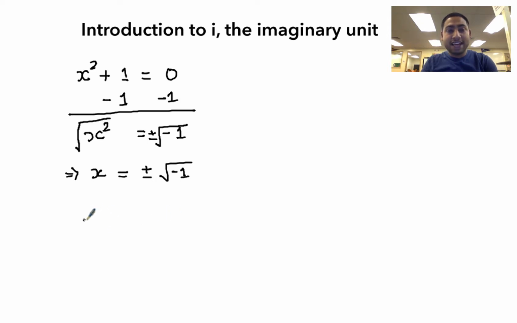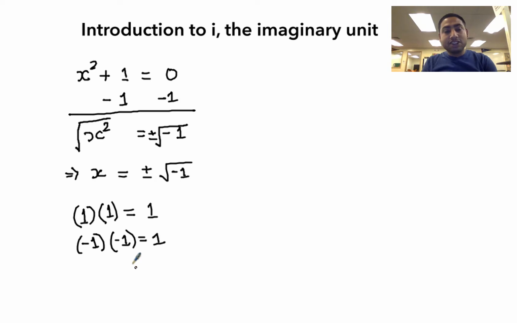So for example, if we square 1, we'll get +1 back. Now what if we try -1? Well, -1 times -1 is also +1. So there's no real number that if you square it or multiply by itself is going to give us -1 as an answer. So for this reason, the imaginary numbers were created.